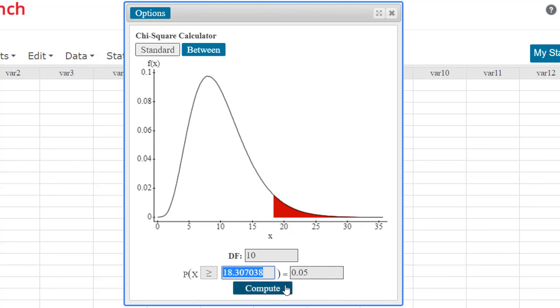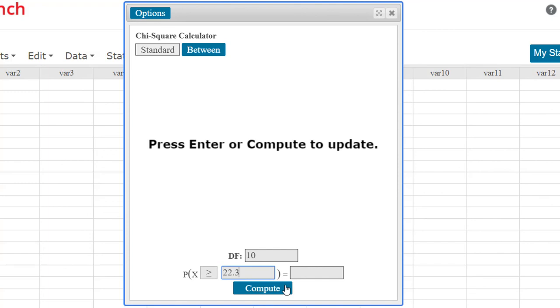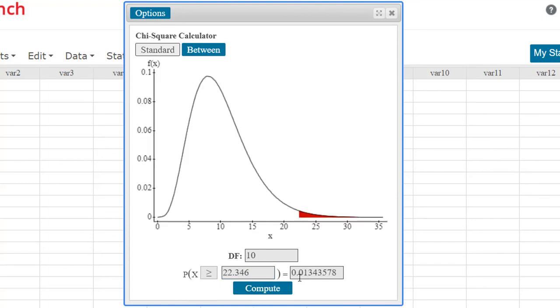I type 22.346 in this box, and when I say compute, StatCrunch gives me the area in this outer box. I get 0.0134, which is the same value that our chi-square CDF command gave us on the calculator. So the area in the right tail to the right of 22.346 is 0.0134.